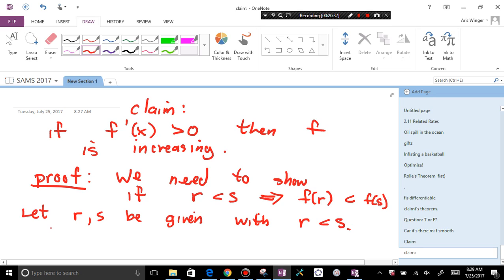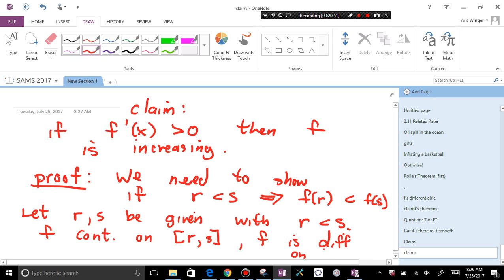Well, f is differentiable and continuous. F is continuous on the interval r to s. F is differentiable on the open interval r to s.